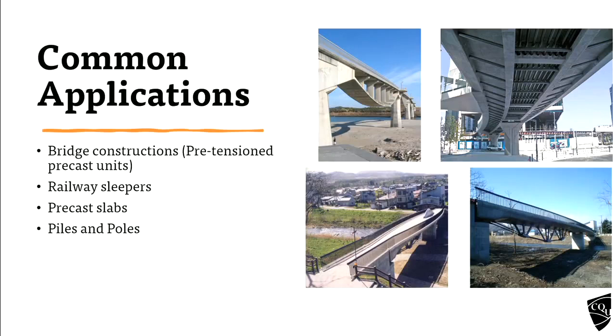So these are some common examples of pre-stress beams. Pre-stress beams are mostly used in highway bridges. In Australia, we don't have lots of elevated highway bridges, but in Japan and America, most of the highways are elevated above the ground.